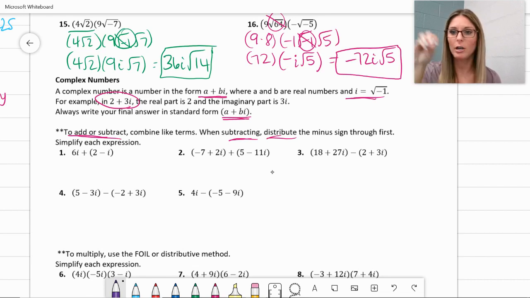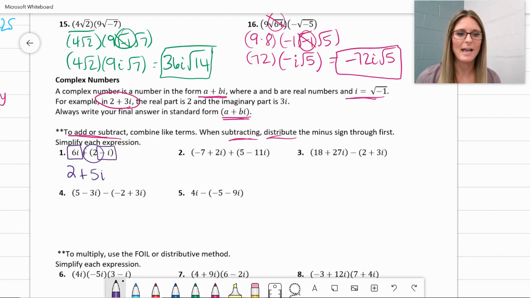So we want to combine all our real pieces first. The only real piece we have is a 2, and we write that first. Then combine all our imaginary pieces. We've got a 6i and a -i. That will add up, just like terms, to 5i. 2 plus 5i. Number 2, you've got -7 plus 2i plus 5 minus 11i.